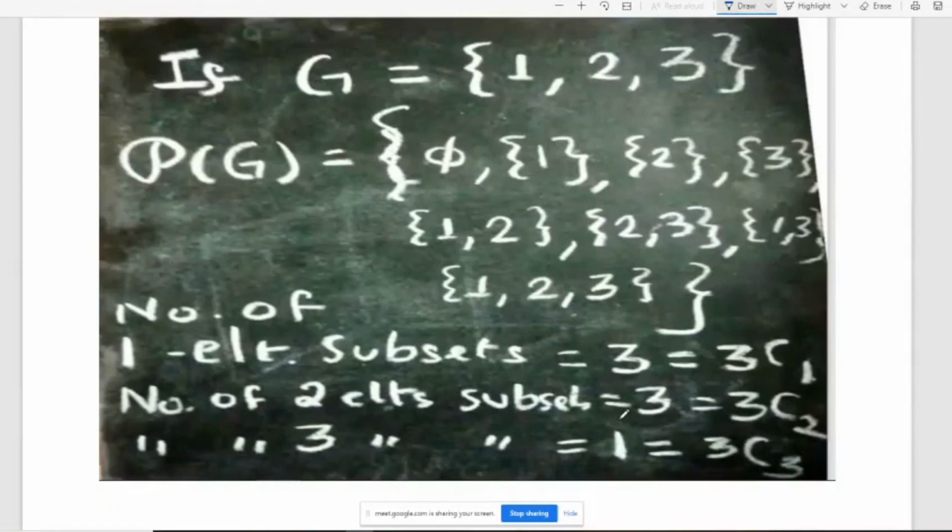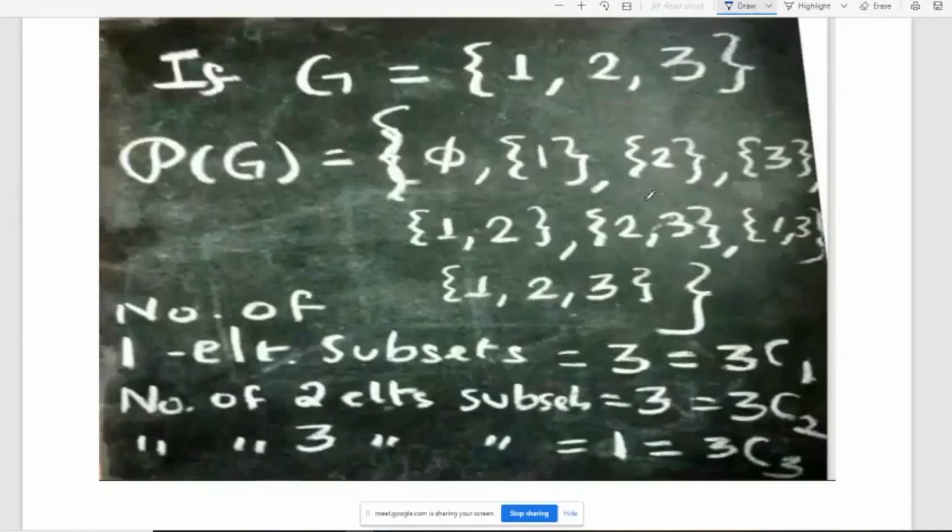The first one is simple; all of you know it. Suppose I have G consisting of only 3 elements. Then script P of G, the collection of all subsets of G, includes the empty set, the set itself, and the sets with one element and two elements.